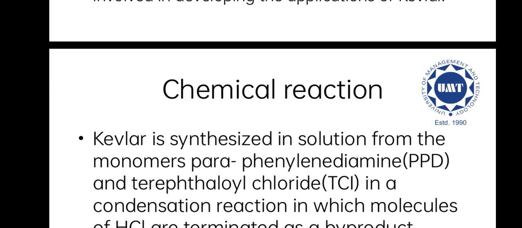So, let's talk about the chemical reaction of the Kevlar fabric. Kevlar is synthesized in solution from the monomers paraphenylene diamine (PPD) and terephthaloyl chloride in a condensation reaction. The entire reaction is a condensation reaction because it condenses the compounds and forms a new material, and something is removed as a byproduct.